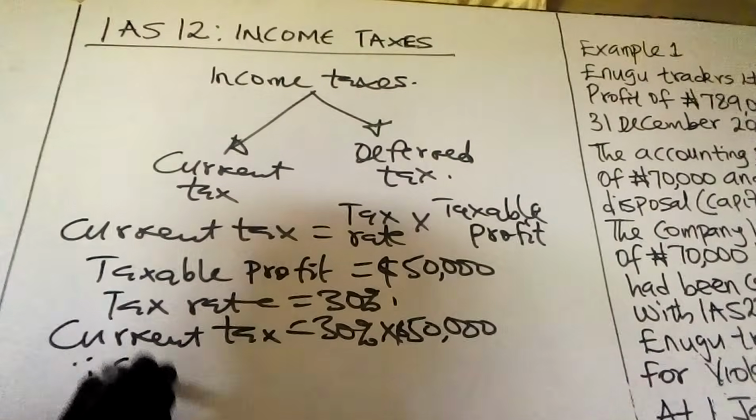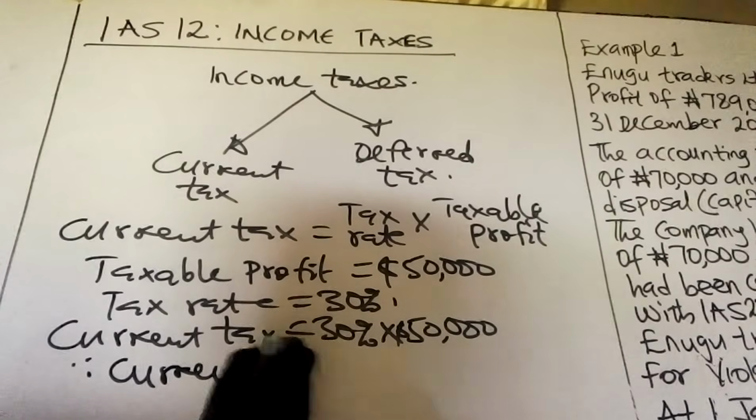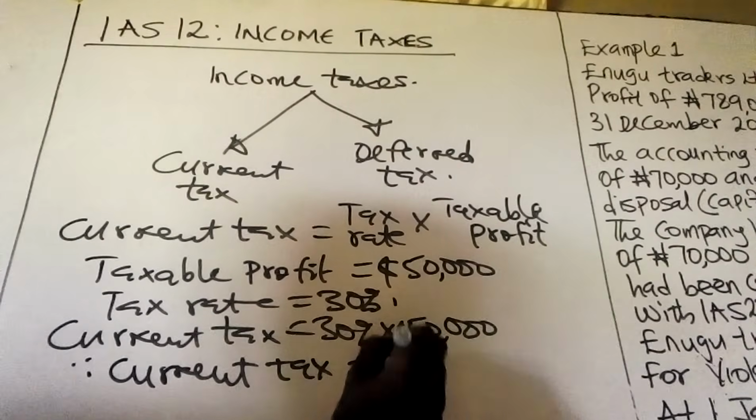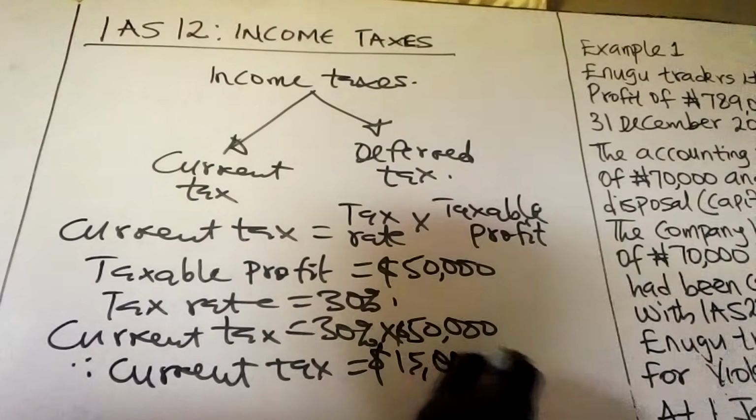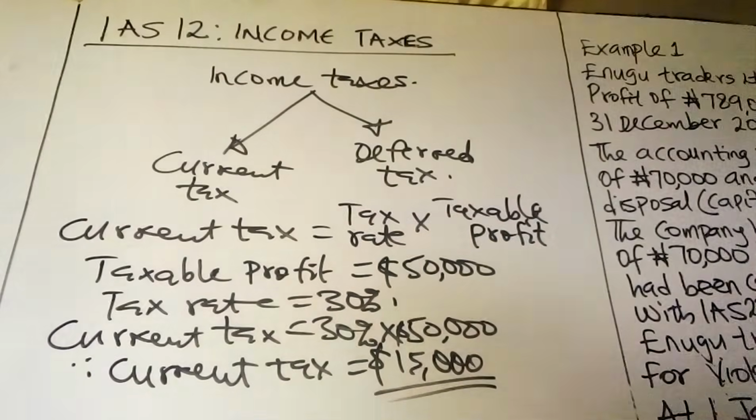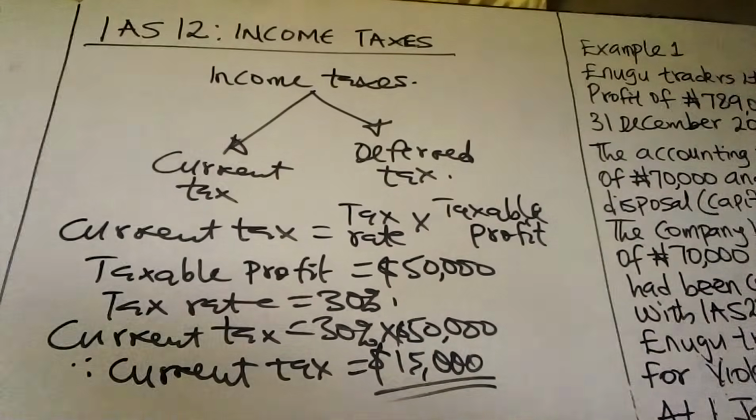Therefore, the current tax payable for the period will be $15,000. That is your current tax.